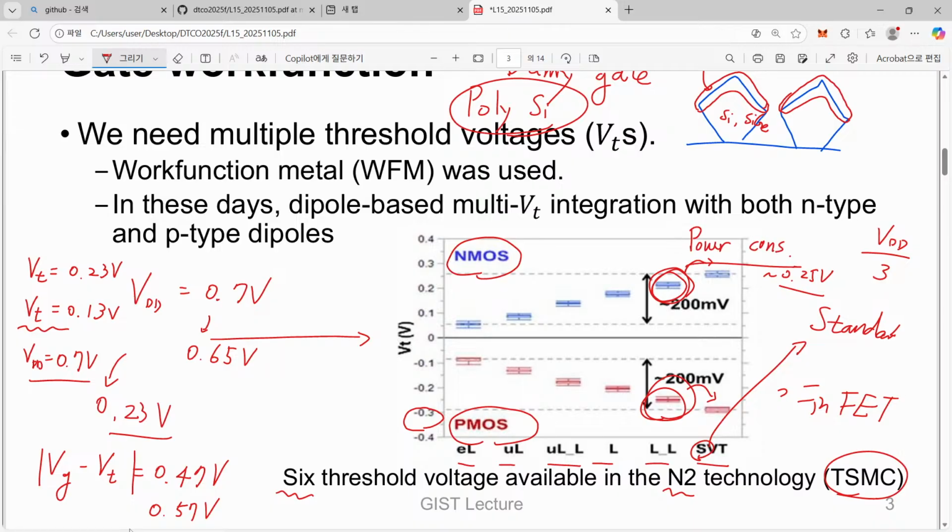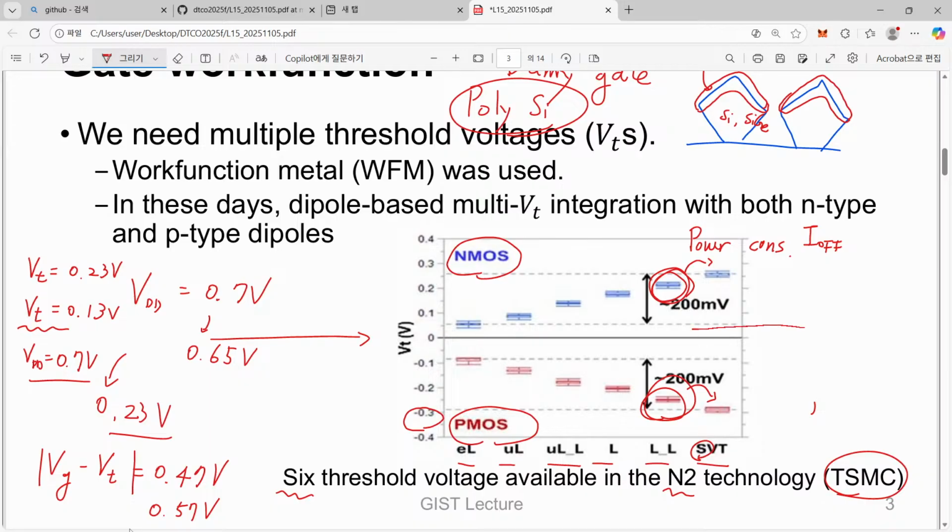Since threshold voltage is increased, it means that we can reduce the off current, the current that flows even when we apply zero gate voltage to the gate. So this is the direction for further reducing the power consumption.